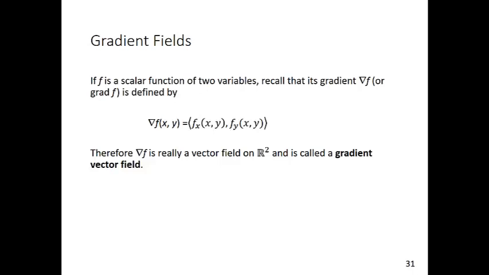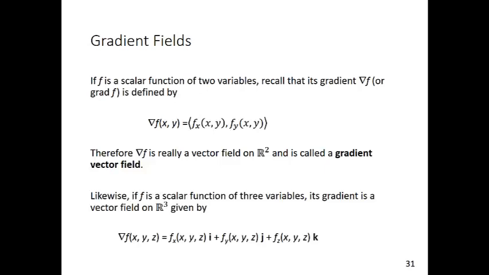Therefore the gradient of f is really a vector field because it takes a point xy to a vector, a very specific vector whose components are the partial derivatives. We call this the gradient vector field. Likewise on R3, if f is a scalar function of three variables, its gradient is a vector field on R3. It takes the point xyz to the vector whose components are the partial derivatives with respect to x, y, and z.